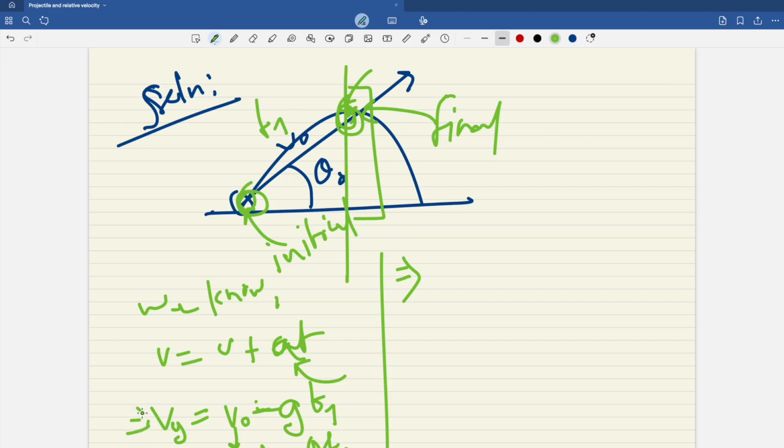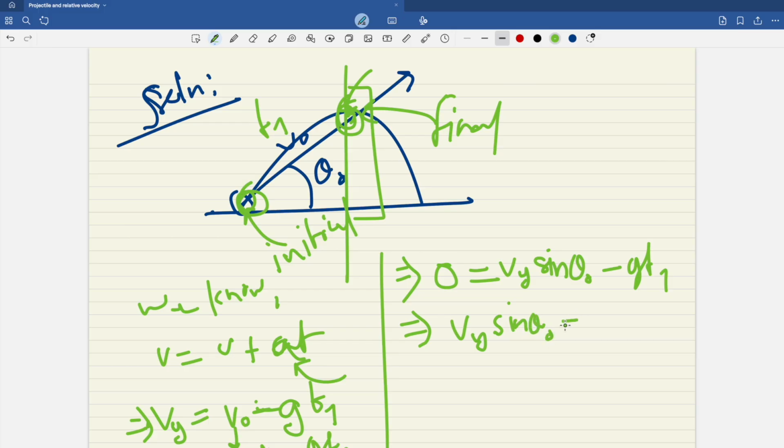Earlier we had seen that Vy was equated to 0 at the maximum point, and then Vy equals V naught sine theta naught minus gT1.